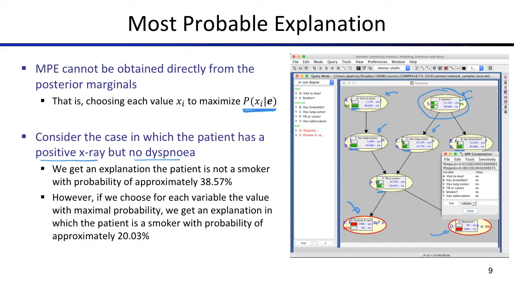But if we compute the MPE in a correct way, we see that the MPE is no for all variables. And it has a probability of 0.3857, or 38.57%, and if we compute the probability where smoker is yes, it's smaller than that. It's 20.03%. So we lost the most probable explanation, and we took one that is not as likely as the MPE.